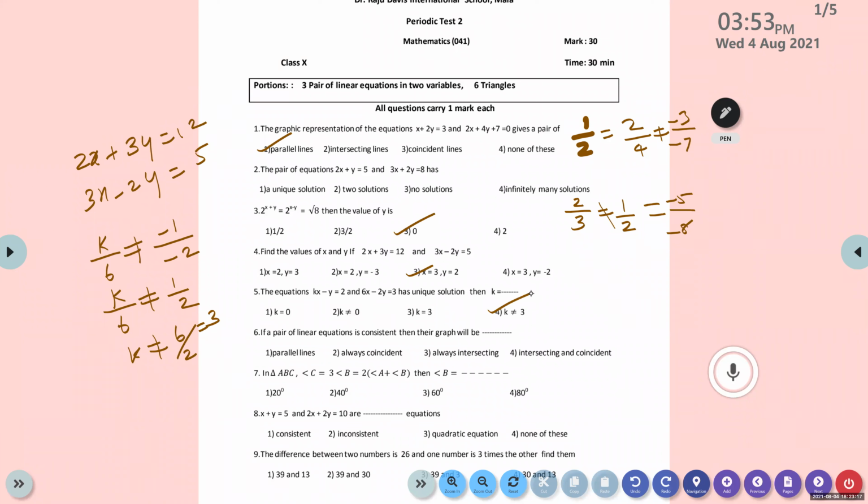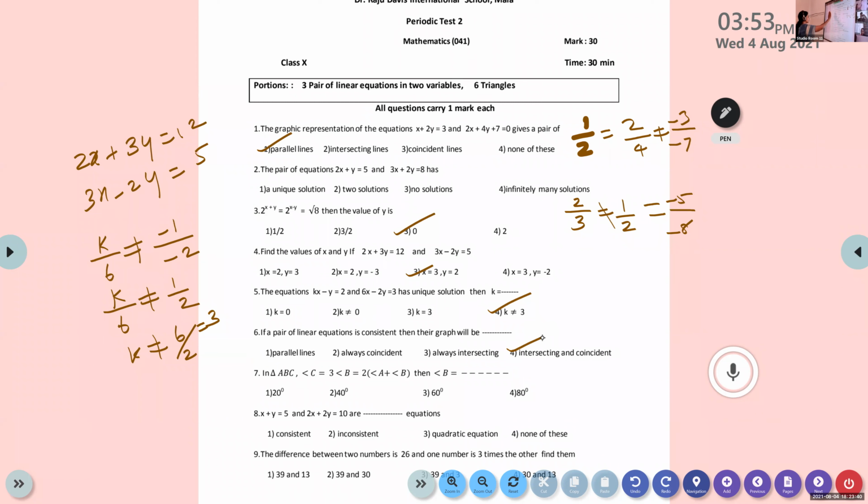So this is the answer. The next one, if a pair of linear equations is consistent, then their graphs will be always intersecting or coinciding. It will be either intersecting or coinciding.